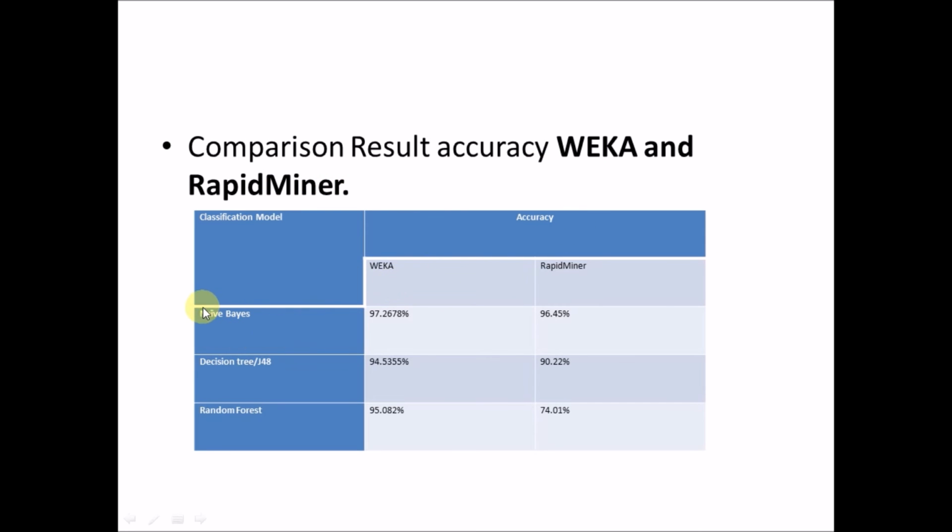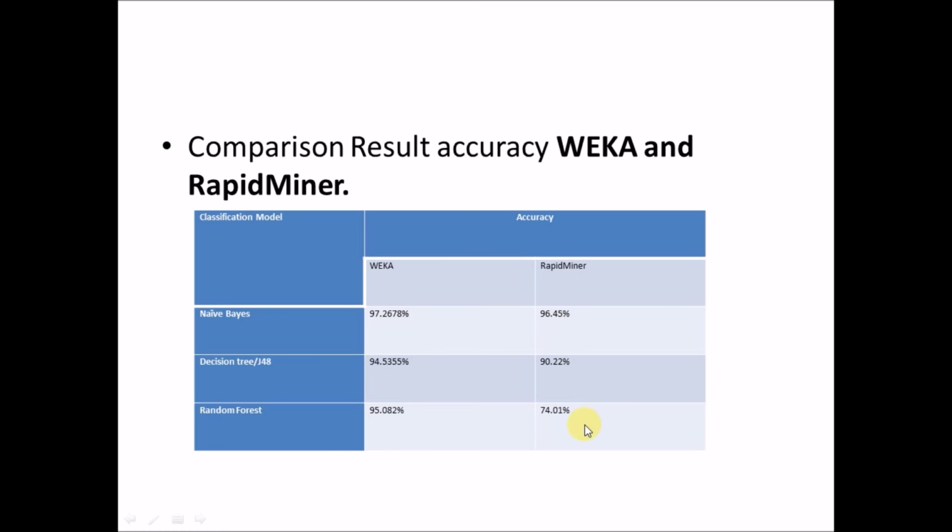It's suitable to apply here, but different for decision tree or J48 in WEKA and random forest. In WEKA, decision tree is the lowest, but in RapidMiner, random forest is the lowest, and it's a bad percentage because it's below 90%.